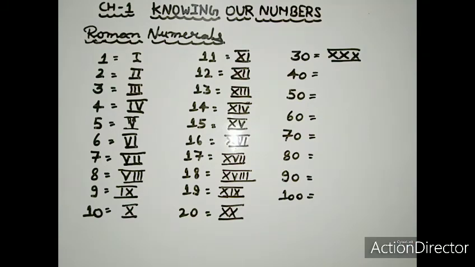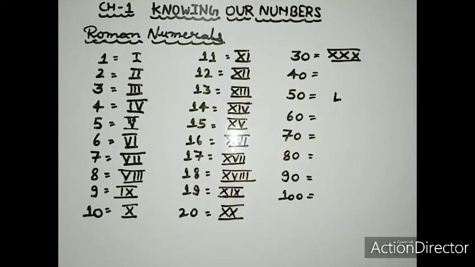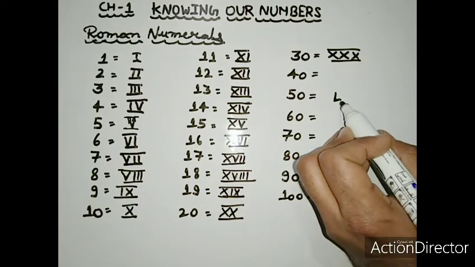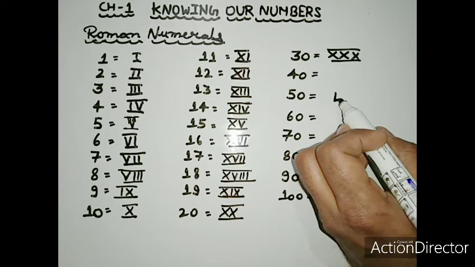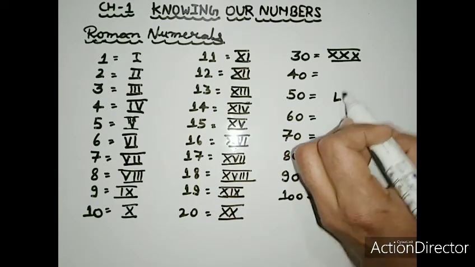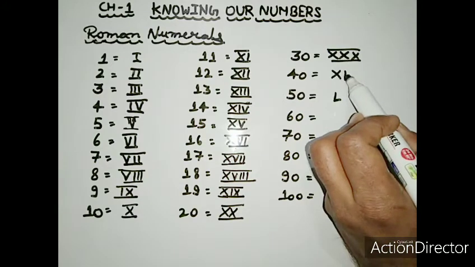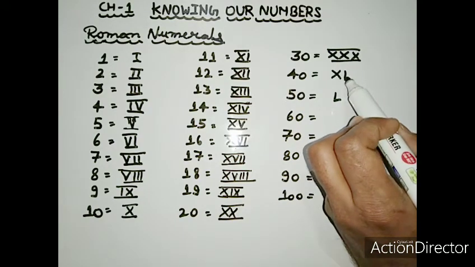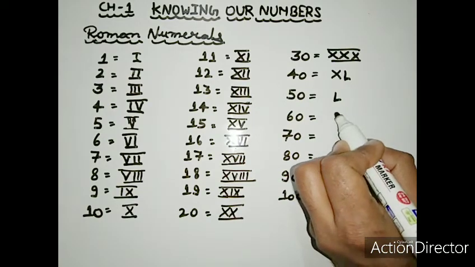Now we write 40. So you all know that we represent 50 by using the symbol L. So here we subtract 10 from 50. So we write XL, and we write X on the left-hand side of the L. So it represents 40. Now 60.